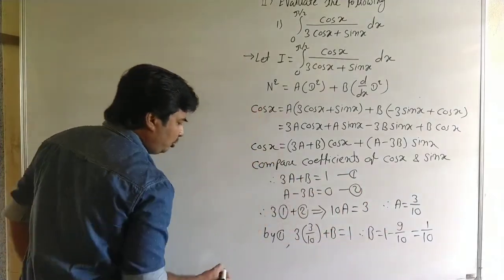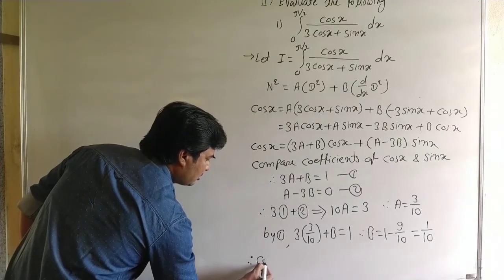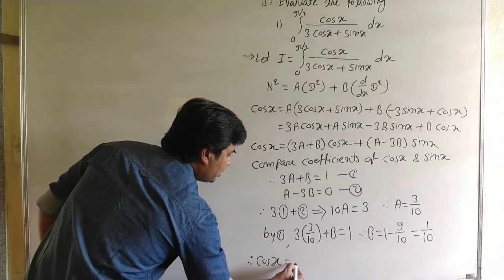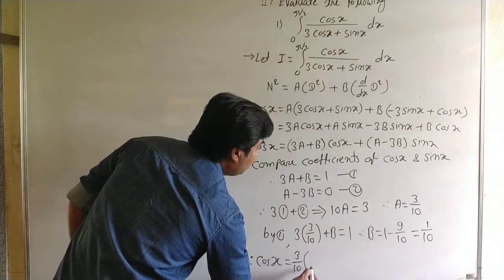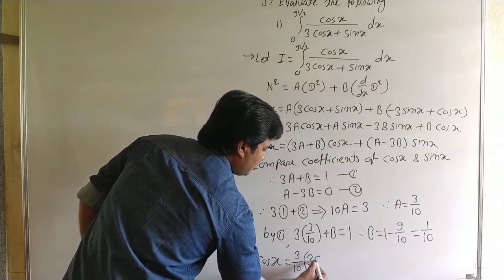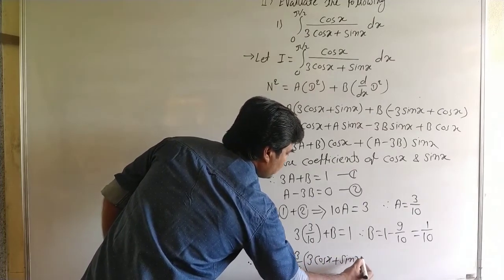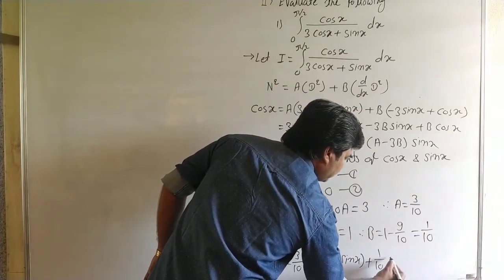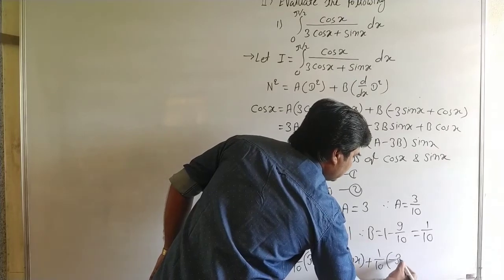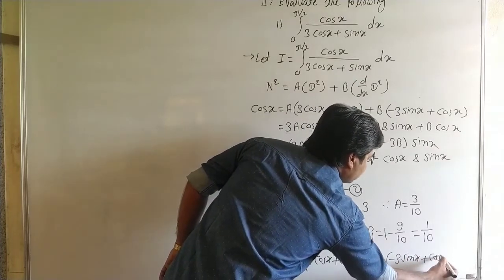Therefore, see carefully, our numerator can be written as cos x is equal to a, that is 3 by 10, into the denominator, that is 3 cos x plus sin x, plus b, that is 1 by 10, into minus 3 sin x plus cos x.